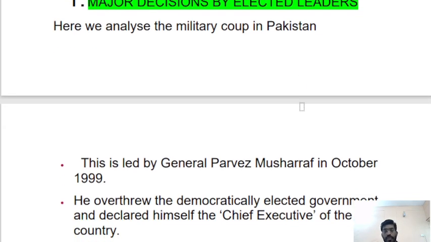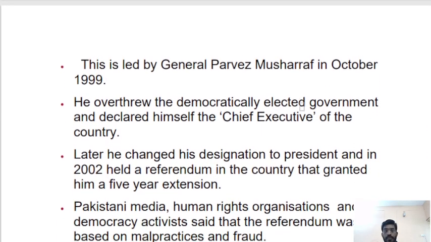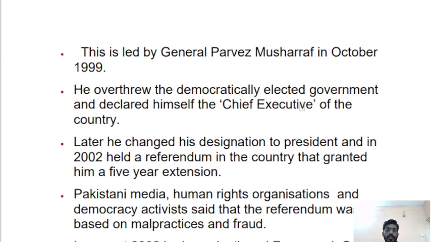In the year 1999, General Pervez Musharraf, he is a military officer. In the year 1999, at that time, Nawaz Sharif was the leader of Pakistan.